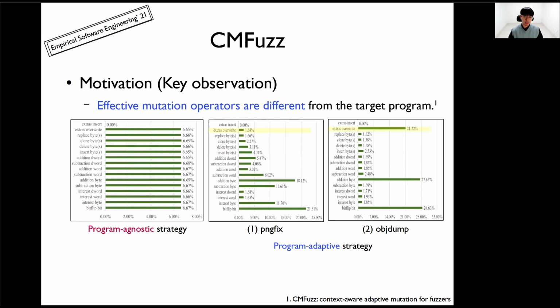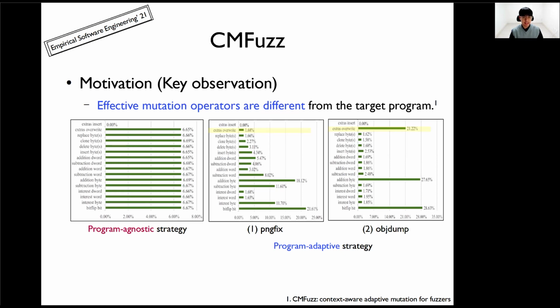And I will also give a very brief introduction to CMFudge, a more recent work published this year in empirical software engineering journals. And actually, CMFudge shares a really similar motivation with MOPT.